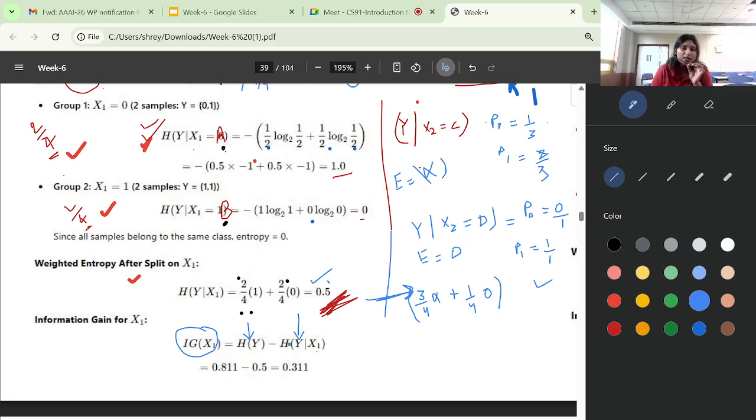It means that before choosing x1, the entropy was 0.8. After choosing x1, the entropy is 0.5. So how much gain have I taken here? 0.3. It means that if I choose this attribute, the gain will be 0.3. Similarly, I would calculate the information gain for x2 also.